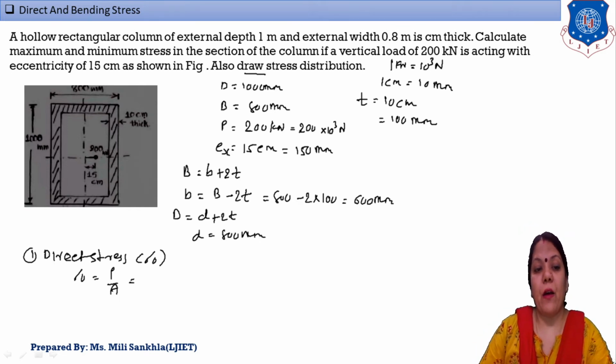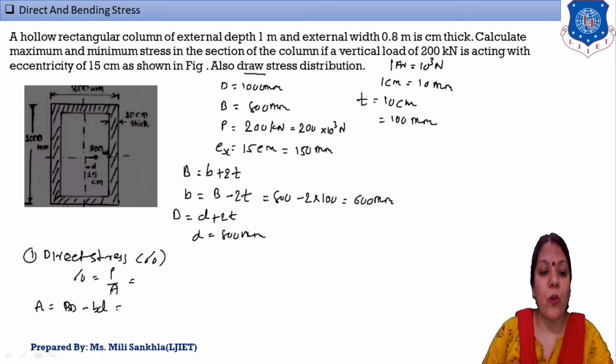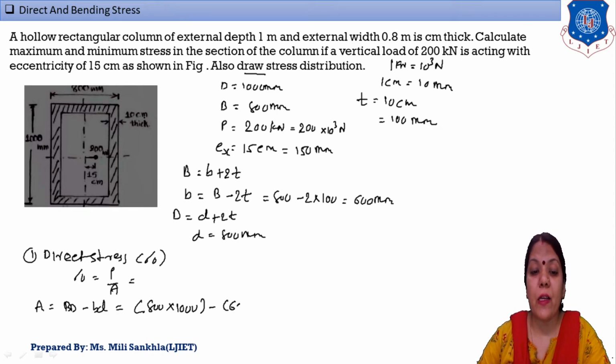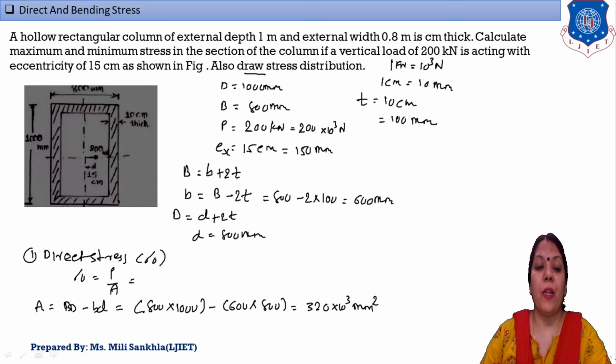First we find the area, because a hollow rectangle section is given. So area is equal to capital B D minus small b d. One by one put the values: capital B 800 and capital D 1000 minus small b, 600, and small d, 800. My answer for this area is 320 into 10 raised to 3, and the unit of area is mm square.